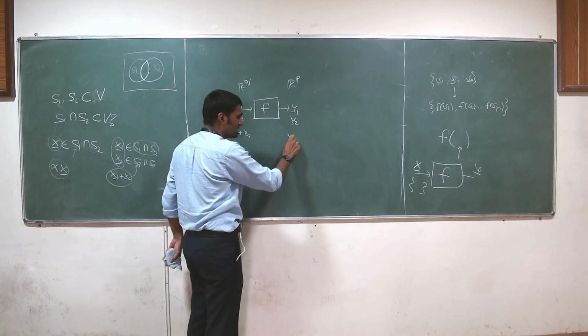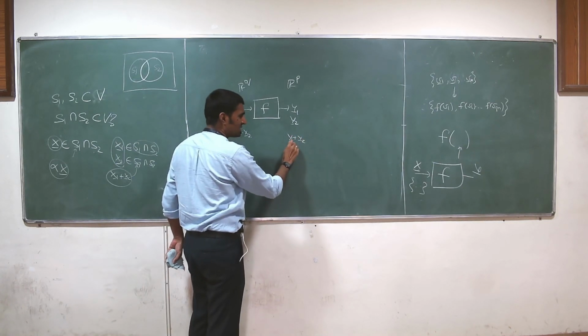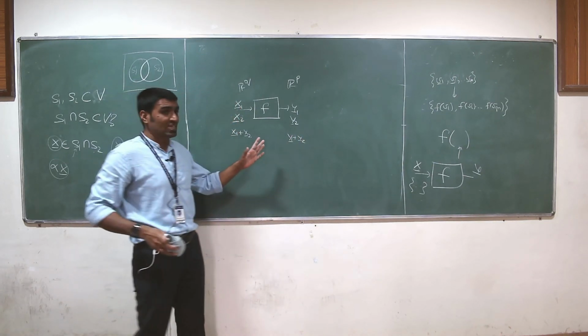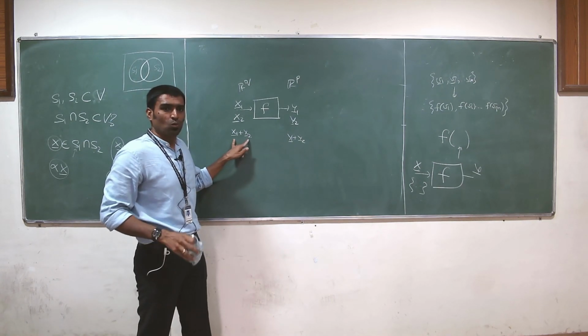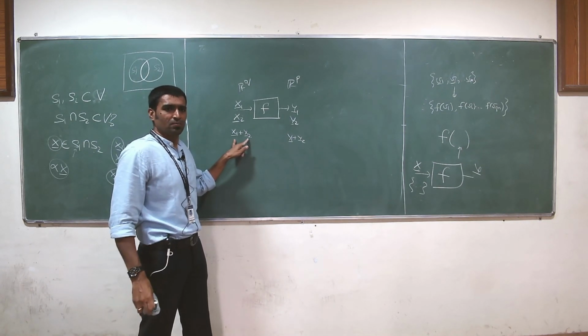You already know what the output is because it satisfies additivity. If it does not satisfy additivity, then you don't know what x1 plus x2 will produce.